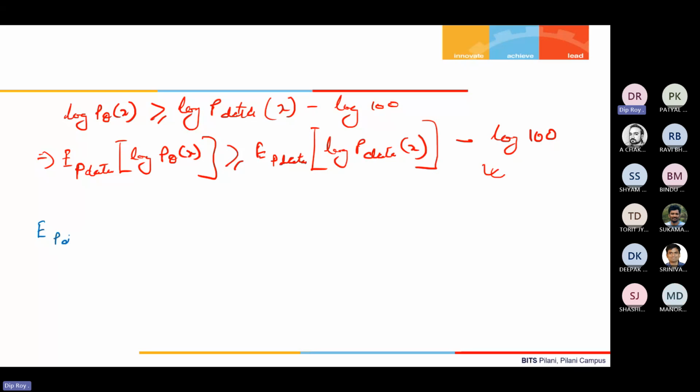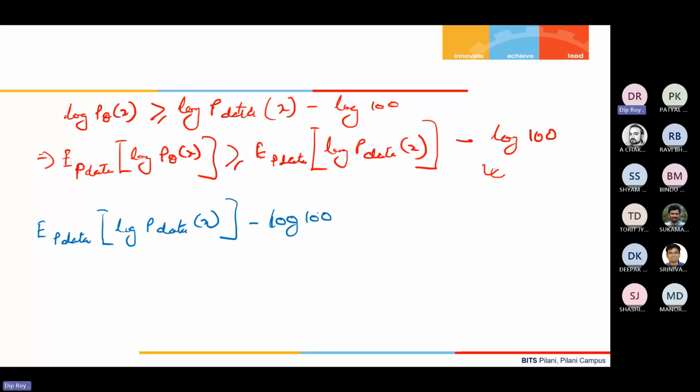Expectation of P data, log of P data, x minus 100. So minus log of 100, sorry.